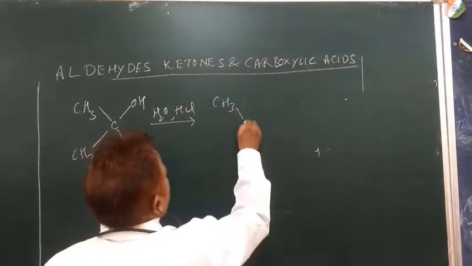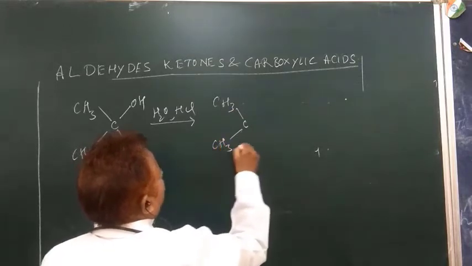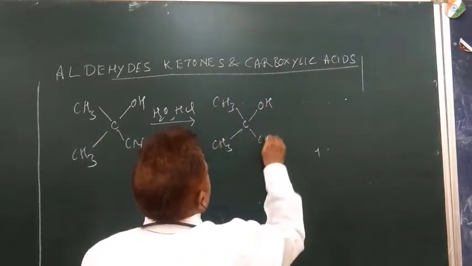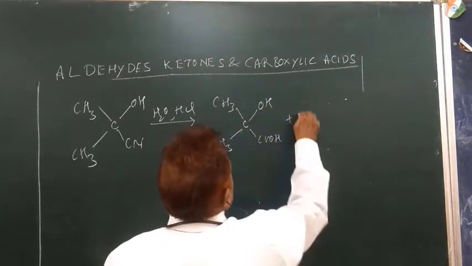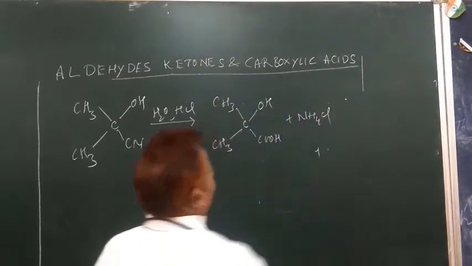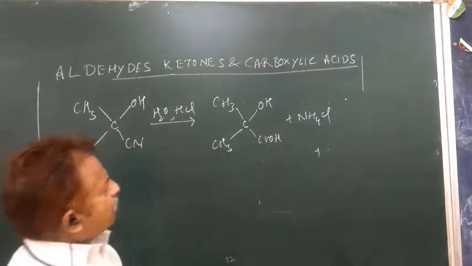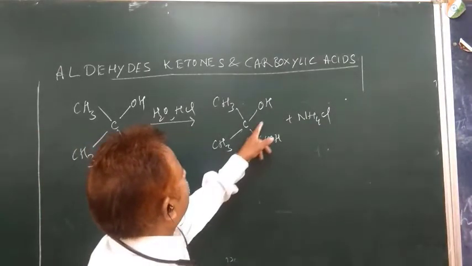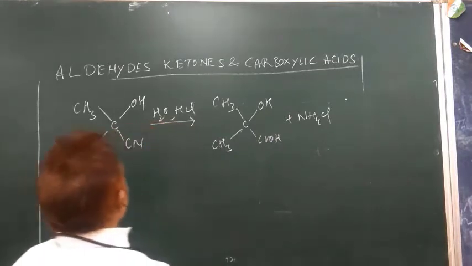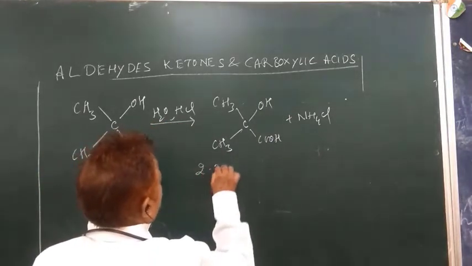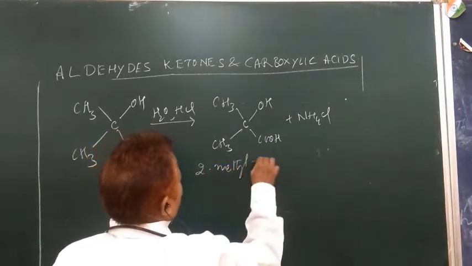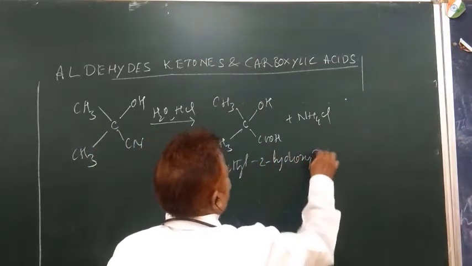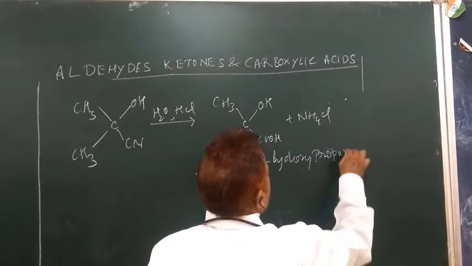(CH3)2C(OH)COOH plus NH4Cl. What is this substance? This substance is 2-methyl-2-hydroxypropanoic acid.